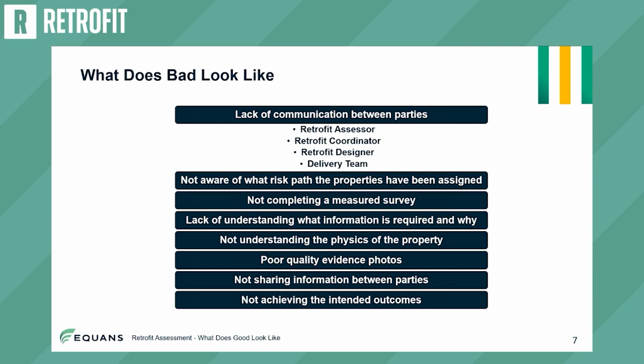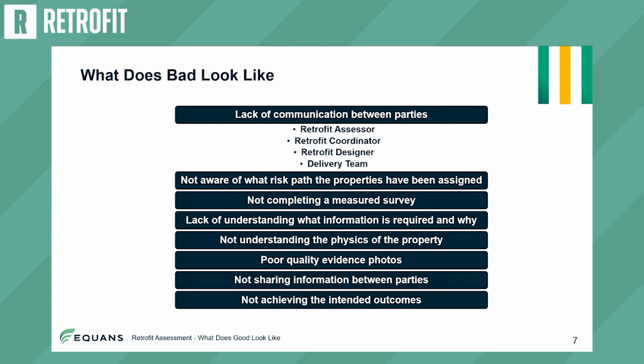Just poor evidence photos. I mean, we've seen a lot of condition reports where we've got blurred out photos. How can the retrofit assessor, the designer, go from that? Not sharing information between parties as well. We're quite fortunate where we work at Equans is we've got a small team of about 8 assessors where we will communicate with each other.